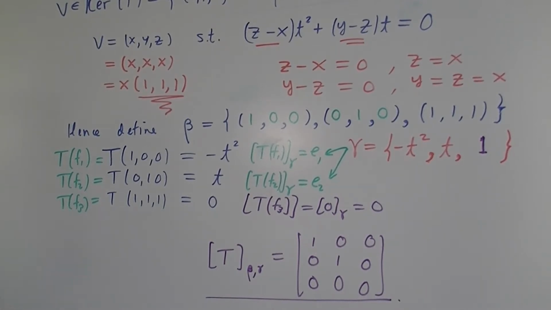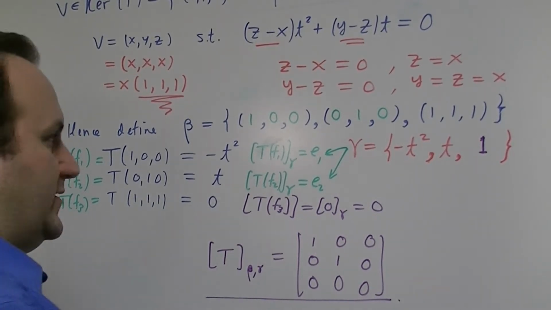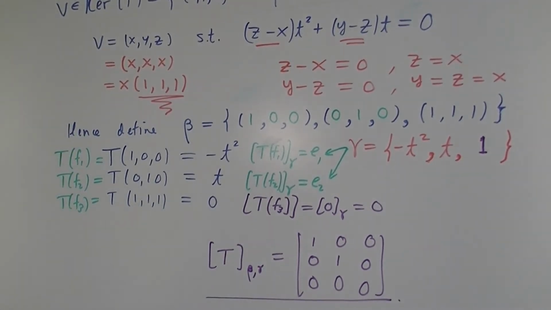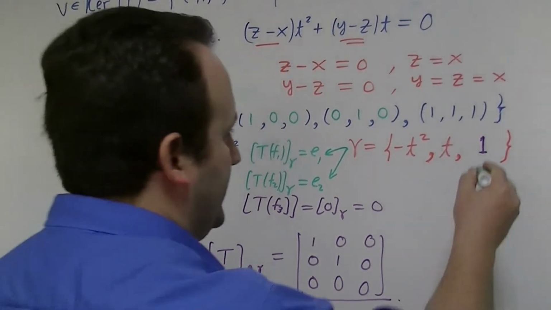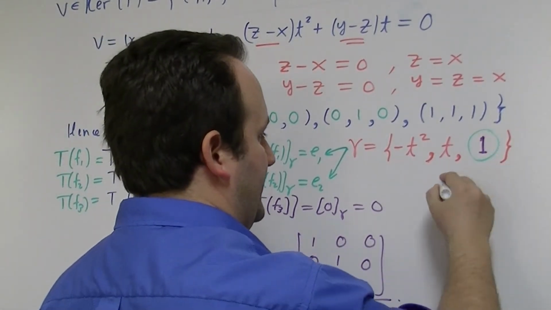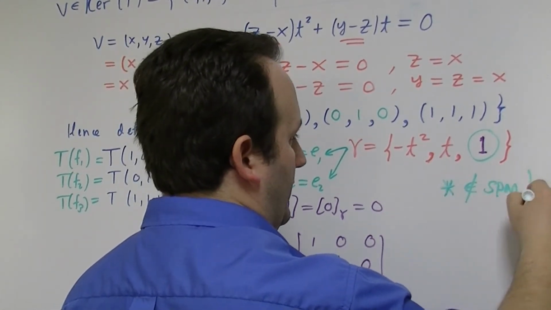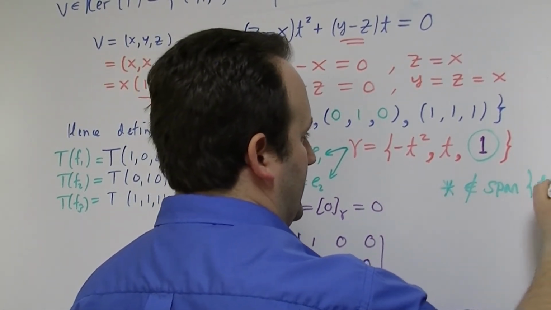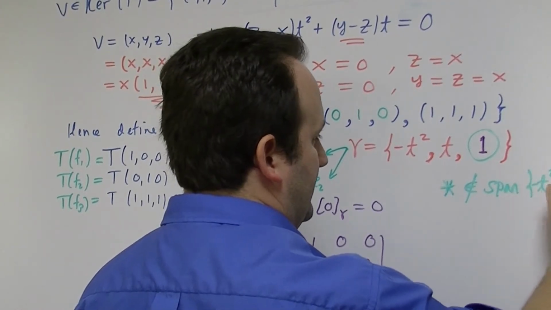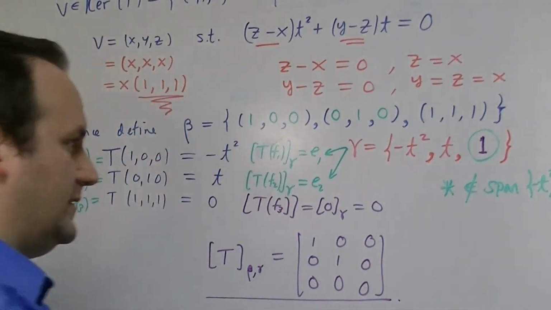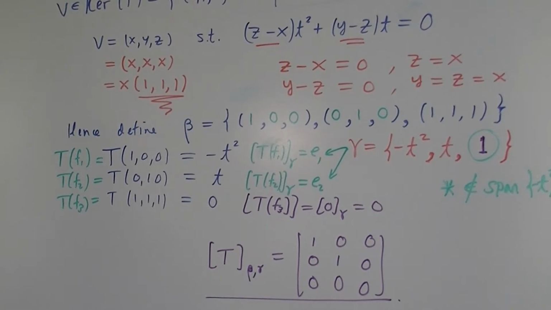Oh no, you could put anything there actually. That's the thing, there are so many different choices. Whatever I put here, I just have to have a star which is not an element of the span of minus t squared and t.